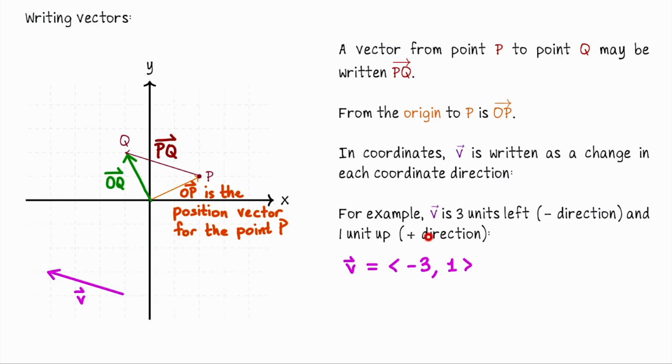Now, in other sources, you might not see these angular brackets. We often use them in this course, but some texts would label a vector with just plain old parentheses, and that's okay. Another notation that you'll see a lot would look like -3 times i hat plus 1 times j hat.